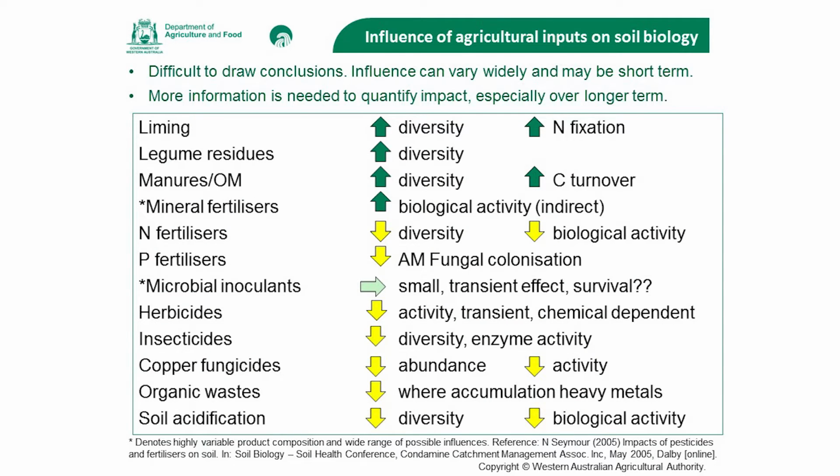They're not really in use any longer. So current inputs, where they're targeted to soils, have a transient or a short-term effect generally on your soil biota, and they may impact things like the diversity of the population rather than its function. So one part of your population may be influenced, but another component may pick up that function and be able to perform it.